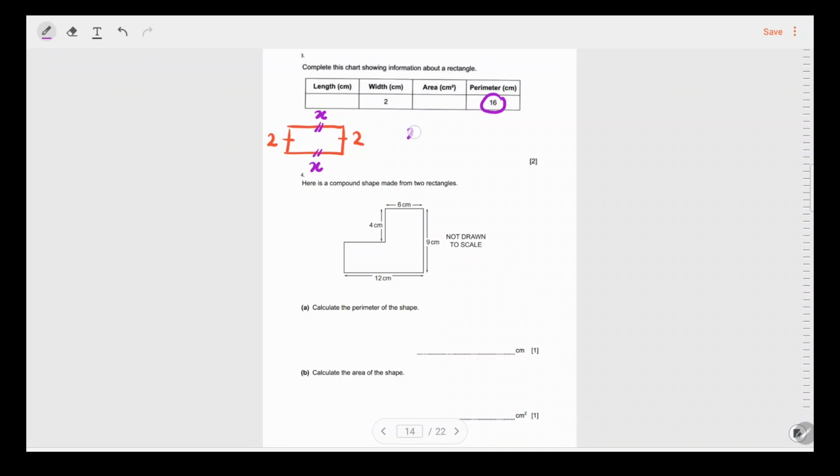So this would mean that x plus x plus 2 plus 2 is equal to 16. So x plus x is 2x, plus 2 plus 2 is 4. So 2x plus 4 is equal to 16.